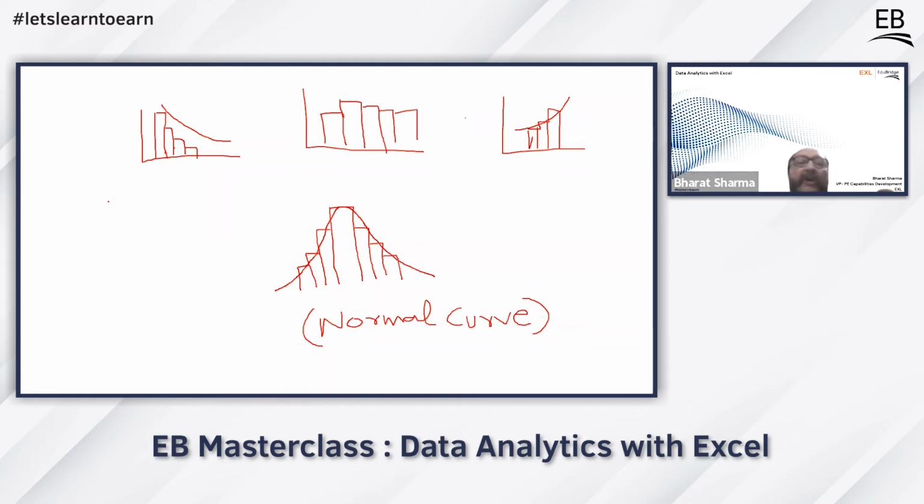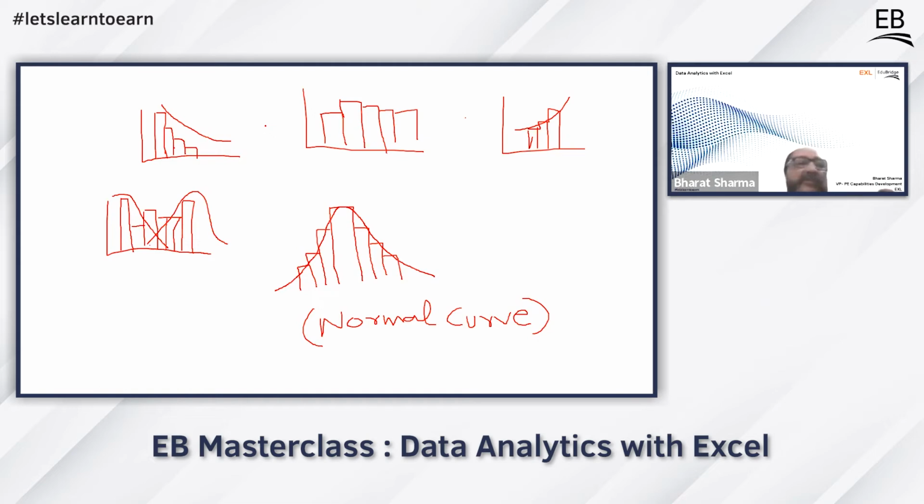Or you may have a histogram where you have more than one peak in your data. So you may have a histogram like this. It shows you that there are two peaks in your data, and each histogram is going to tell you a story about your data.